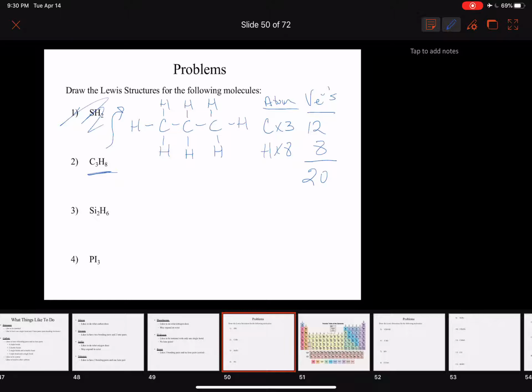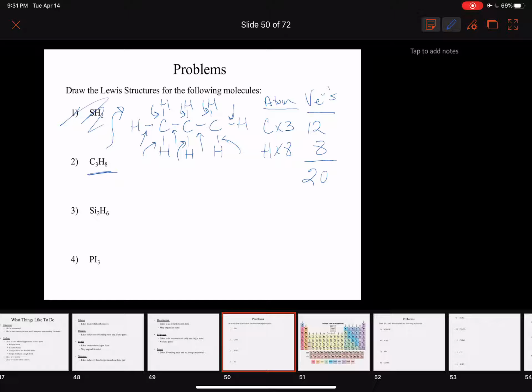So if we go ahead and count up all of the electrons that we've used, we have 2, 4, 6, 8, 10, 12, 14, 16, 18, 20. So, ding, ding, ding, ding, we have a really good structure there. We've used up our 20 valence electrons. Everybody has an octet or a duet.